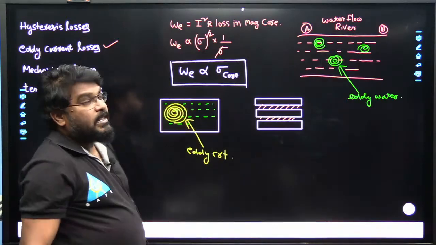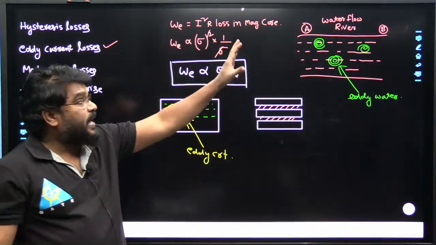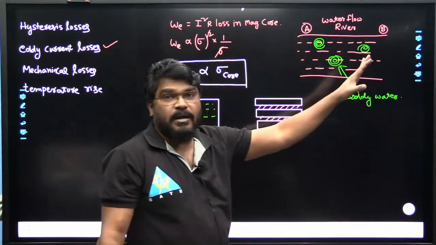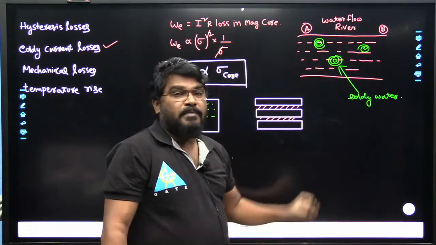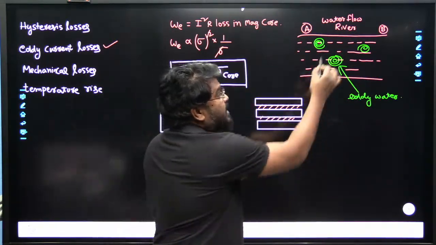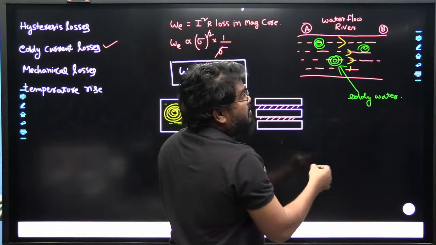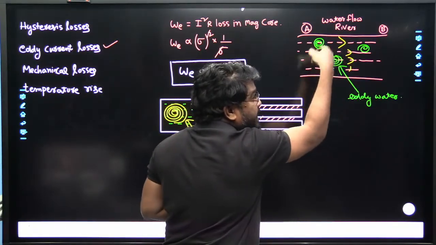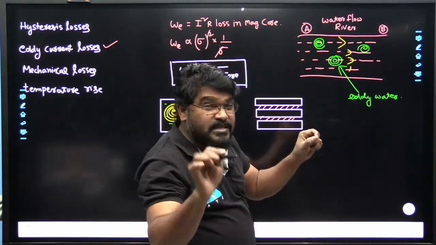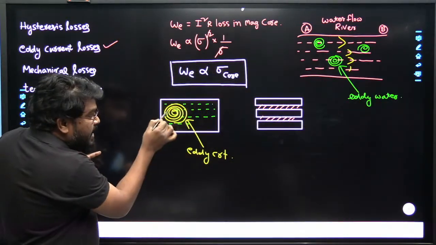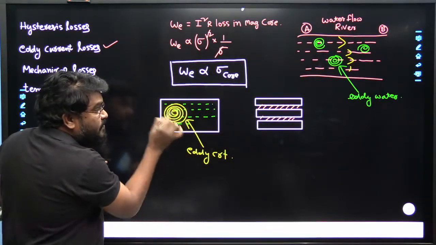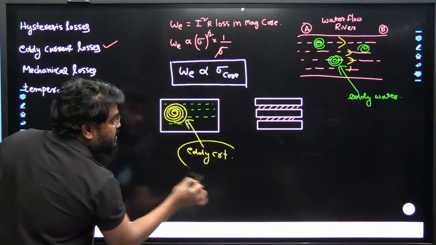If you take the example of water flow in the river, water flows from point A to point B, but some water circulates within the river, which is known as eddy water. Similarly, some current in the core circulates within the core, and that is known as eddy current.